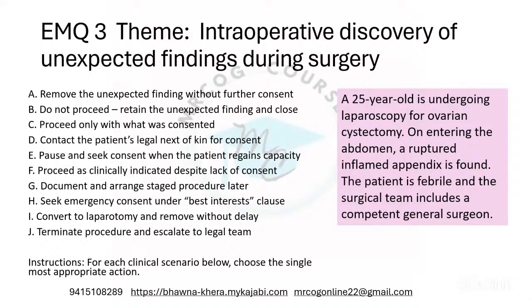I can understand that's the confusion for you all. A also says that we can remove this without any further consent, and that's fine because it is ruptured, so we need to remove it. The second one, F, says proceed as clinically indicated, which means that whatever the patient clinically needs, we proceed with that, right? Here is another option, I, which is coming up in the chat box, so I need to clarify that as well.